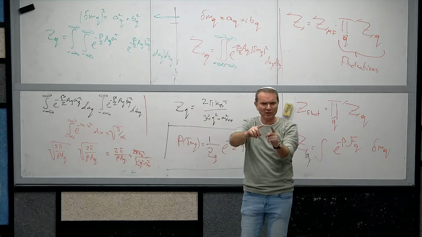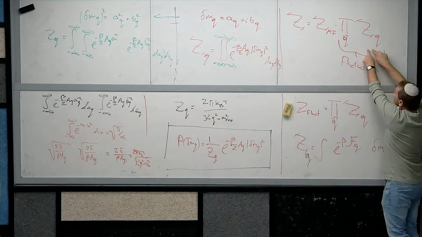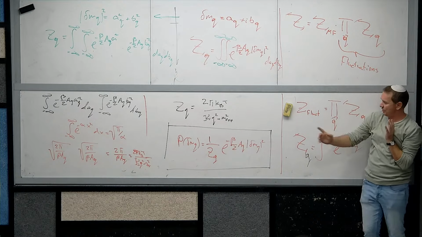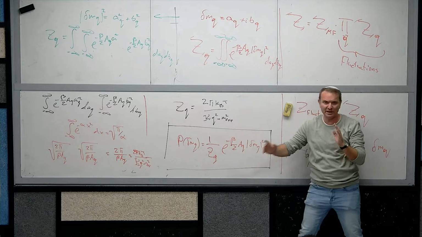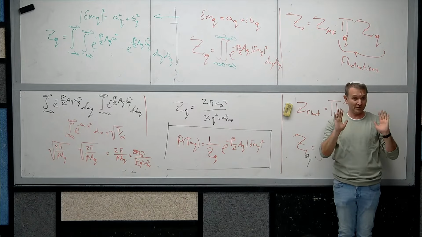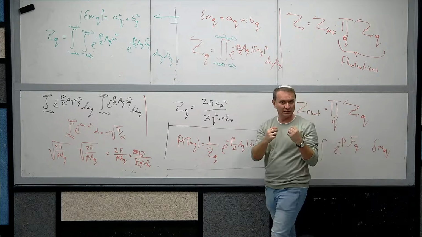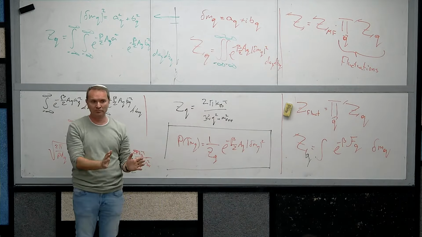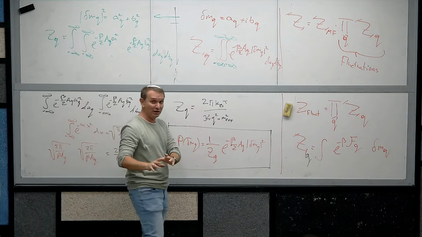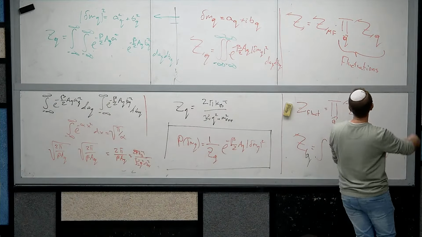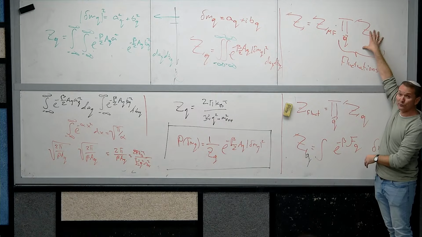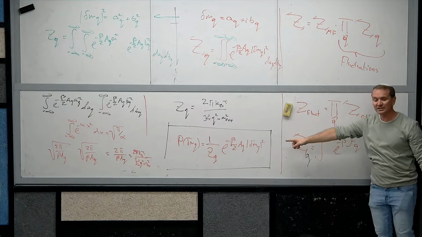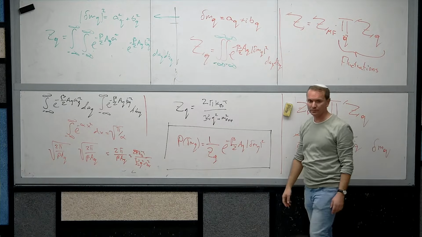The moment you manage to factorize, you treat each and every one of them as its own system, and the Boltzmann factor and 1 over Z_Q apply to each single particle. This is why you factorize. Otherwise, I would be stuck with a lot of different configurations of all the particles, and it's a dead end. This is the way to go. Other questions?